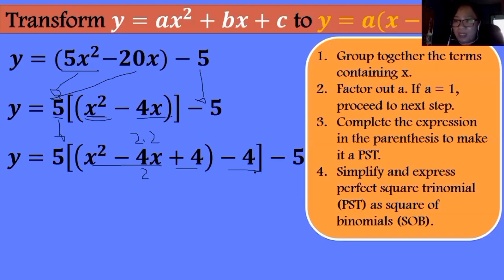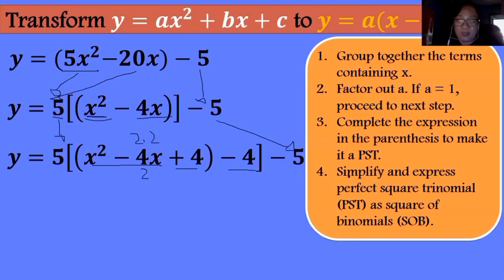Place a bracket, then copy minus 5. So if a is not equal to 1, it is quite a long step, but still very easy.